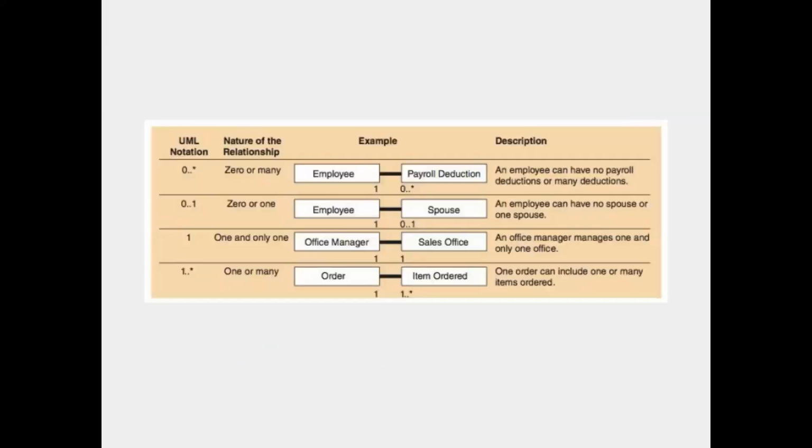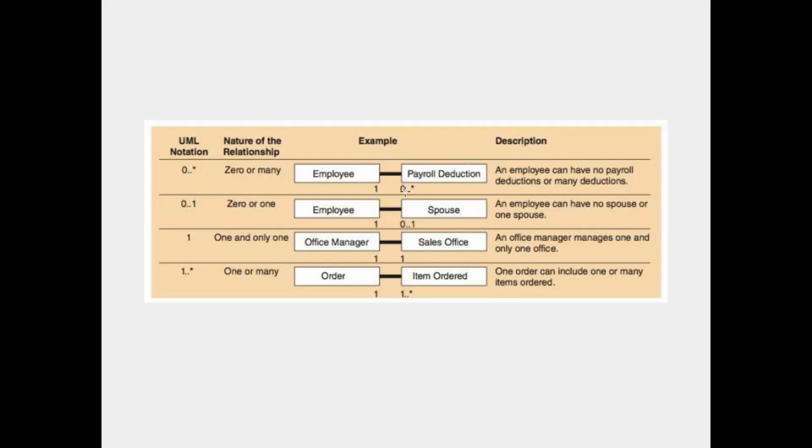Now about the cardinality, there are different representations people are using, but here I'm going to specify how UML notations are used. Remember, I think you have already done the one-to-one, one-to-many, and many-to-many relationship in ER, but the UML notation is slightly different. For example, in UML notation, when you have a 0 and a star, what it means is 0 or more. So if you take a particular employee, they could have one or no deduction, or there could be many deductions.